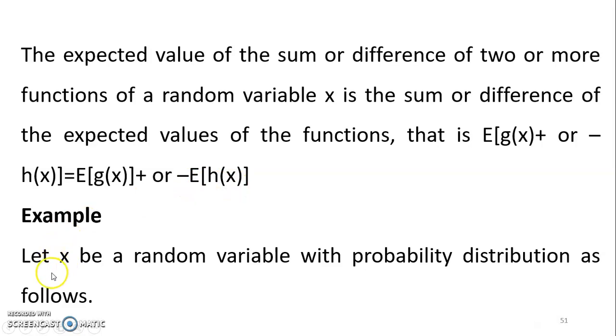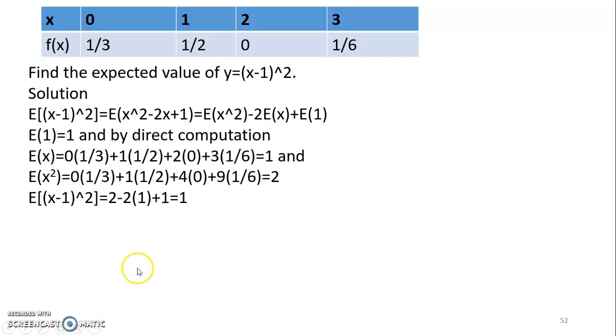For example, let x be a random variable with the following probability distribution. We have x as 0, 1, 2 and 3, and f(x) as 1/3, 1/2, 0 and 1/6.